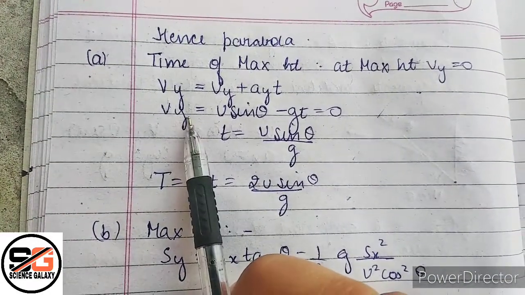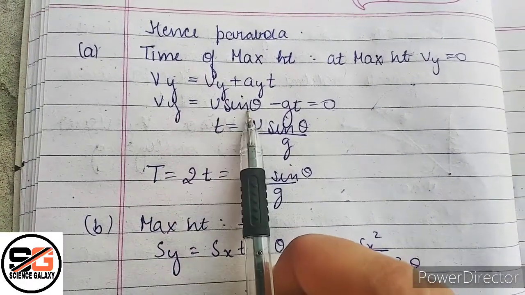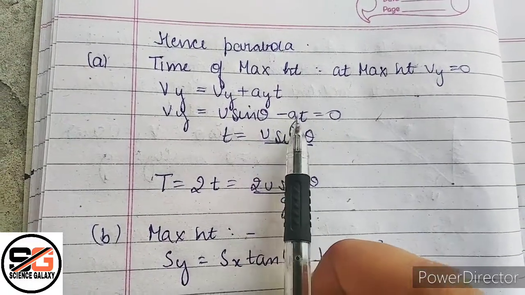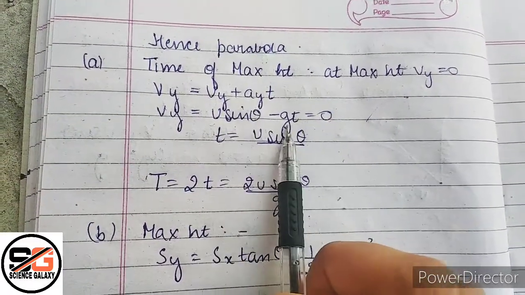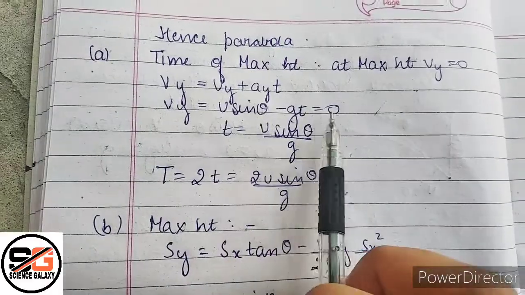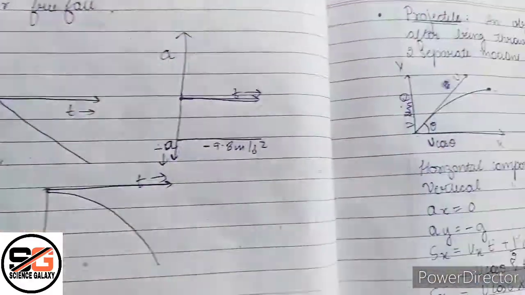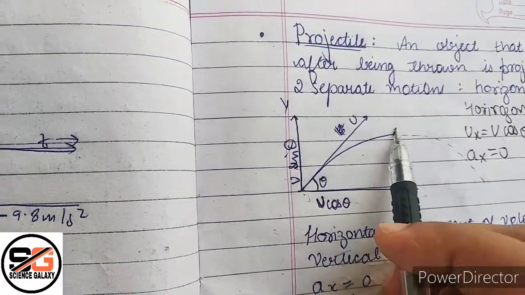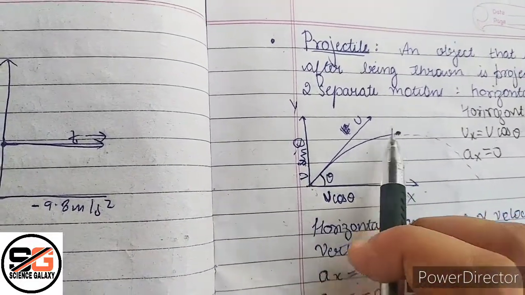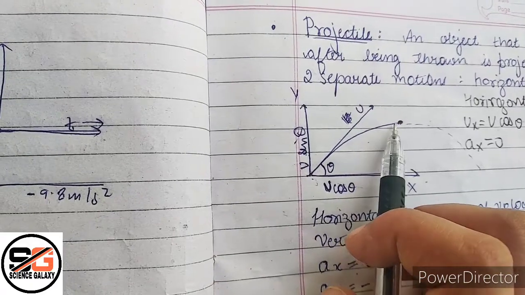So Vy is equal to 0. Uy is u sin theta, ay is equal to minus g, and into t. So t is equal to u sin theta upon g. From this point to this point, the object takes a time of u sin theta upon g.